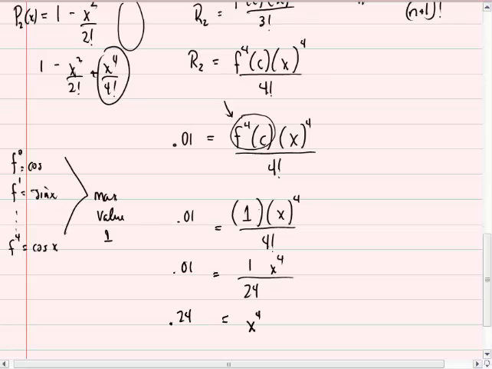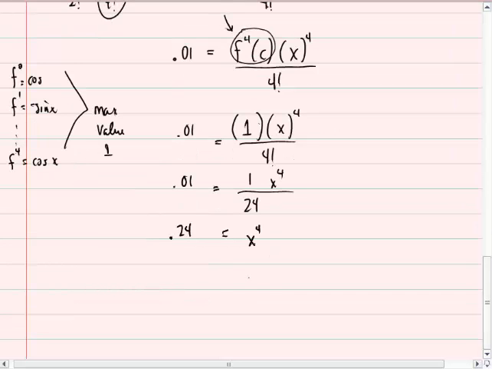I just don't want to make a mistake on video. 0.24. Now we take the fourth root of 0.24, and I get my interval to be x equal to 0.6999 radians.